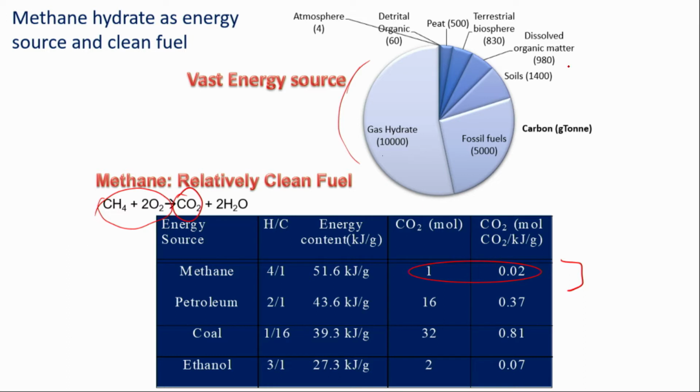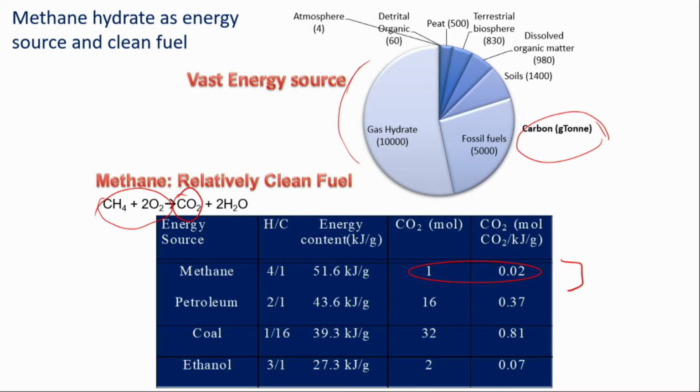You have the gas hydrate in terms of gigaton of carbon, and you can see it's a very huge reserve. But as we saw in the previous slide, one needs to understand in which kind of lithology the gas hydrates are stored and what is the economically viable way of exploiting the methane from that particular kind of lithology.